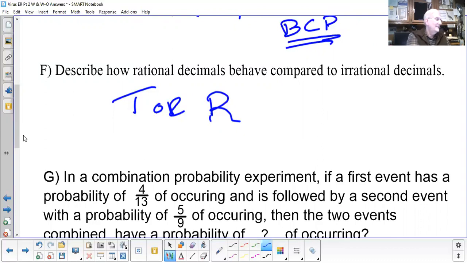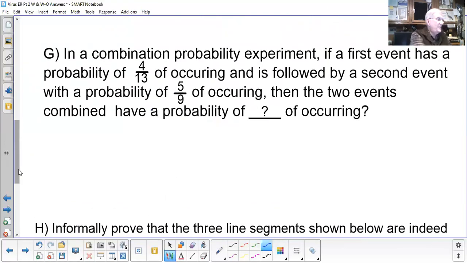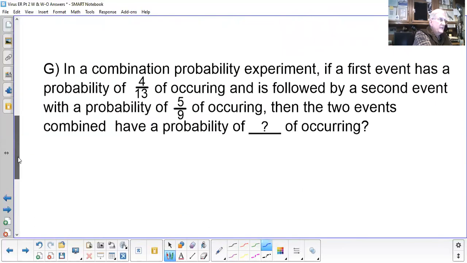Okay, look at G. In a combination probability experiment, if a first event has a probability of 4 out of 13 of occurring, and is followed by a second event with a probability of 5/9 of occurring, then the two events combined have a probability of what?